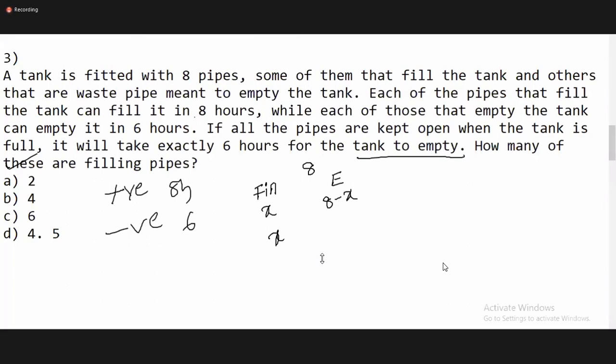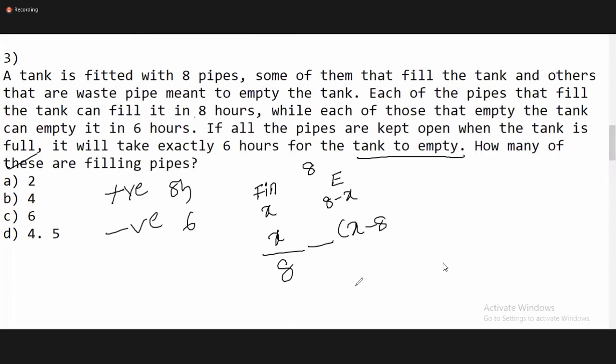Okay, some people wrote the quadratic equation also. So x by 6 minus (x minus 8) by 8 equals plus 1 by 6 or minus 1 by 6. Sorry, is this x by 8 or x by 6?